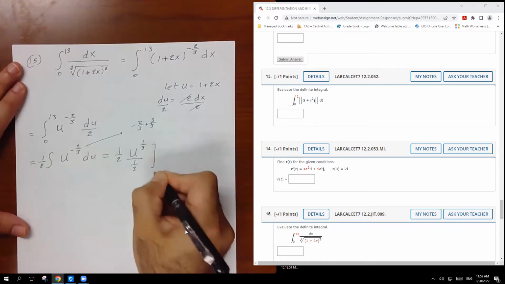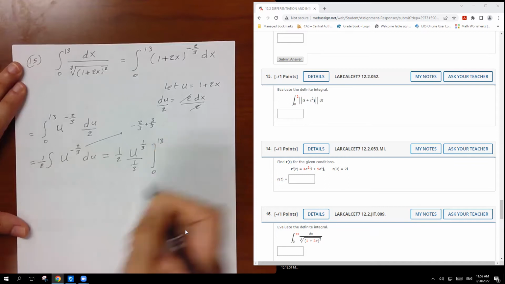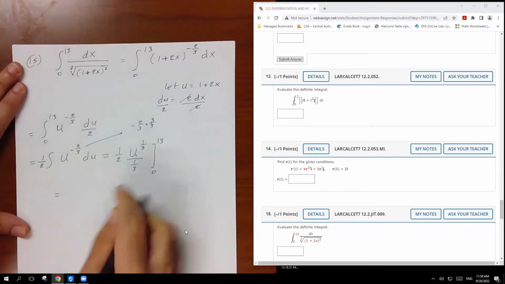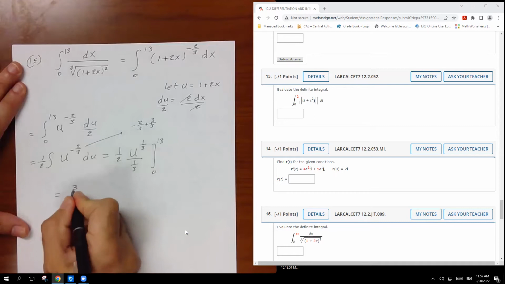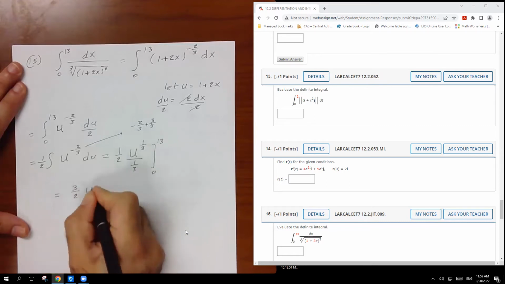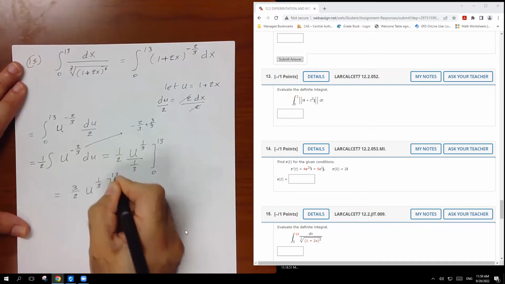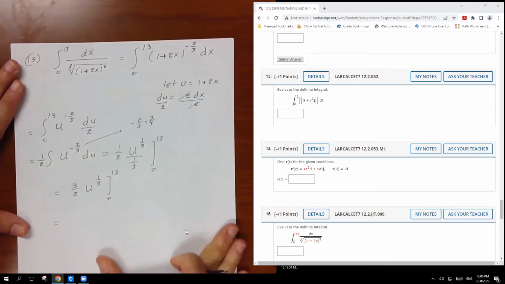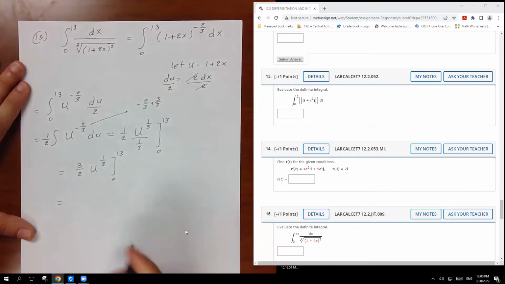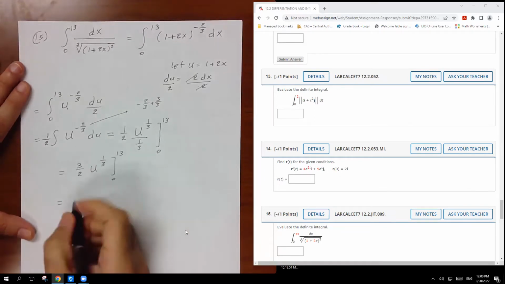And the border is from 0 to 13. That means flip this one, so it's going to be 3/2 u to the 1/3 and the border from 1 to 13. So this one is going to be equal. Now we're just going to bring back the u, which is 1 plus 2x.